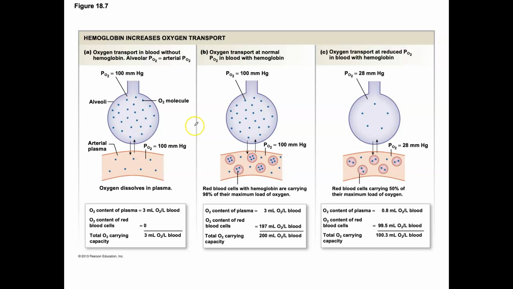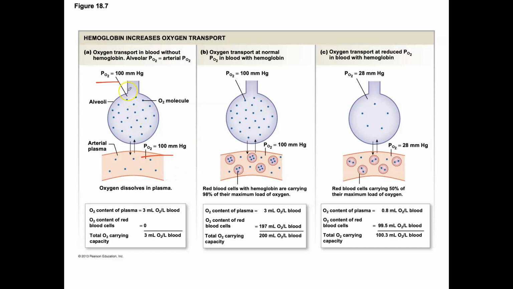So let's take a look at these diagrams. In the first diagram, what we see is partial pressure of oxygen that we are breathing in relationship to partial pressure of oxygen in the blood. So in this scenario, this would be without hemoglobin. So there's no hemoglobin in this scenario.